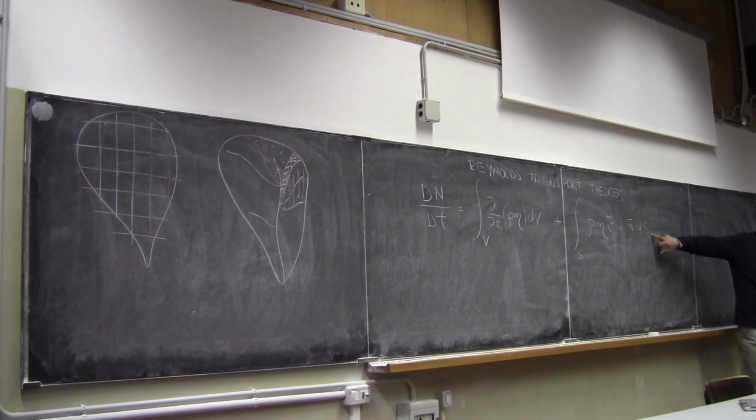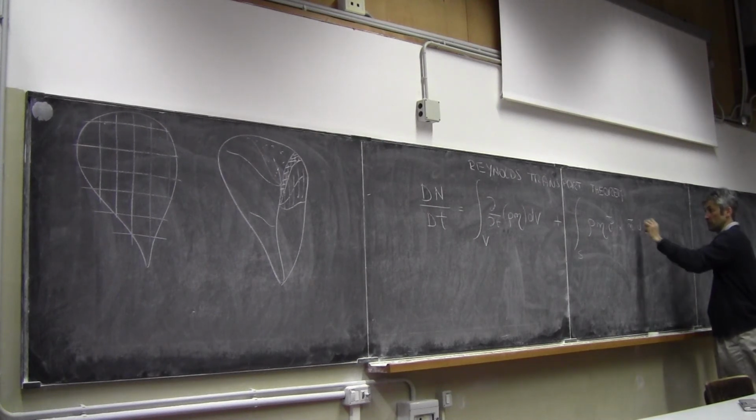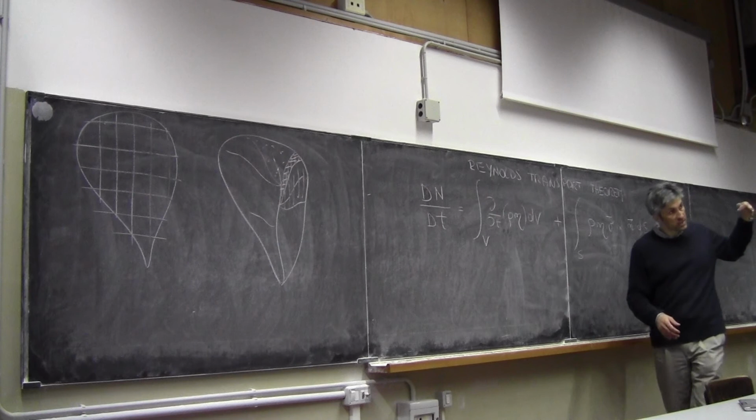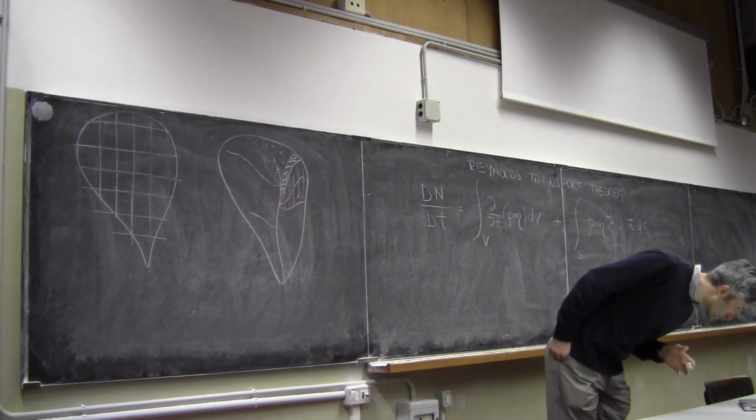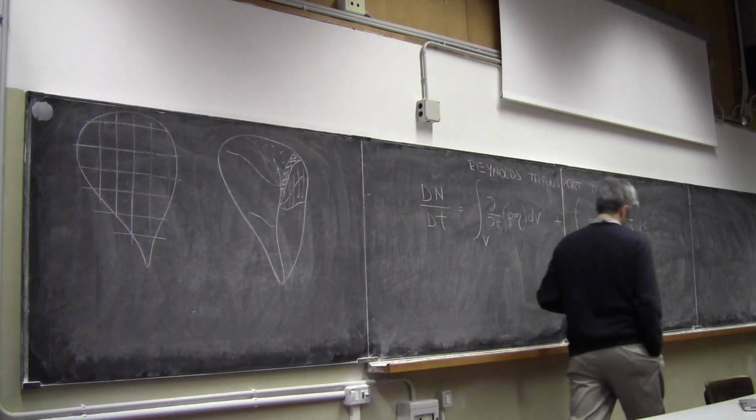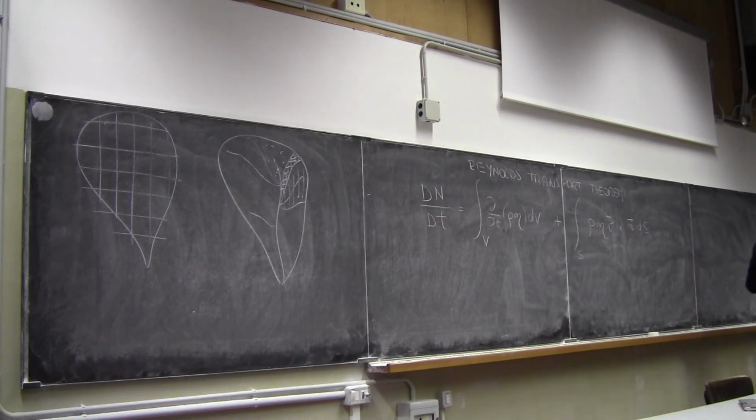Normal versor, which is, this is a plus, so it's entering, the direction is inside the control volume. This normal versor is directed inside the control volume. Let me see if I was correct. Yes. This describes the transport processes.